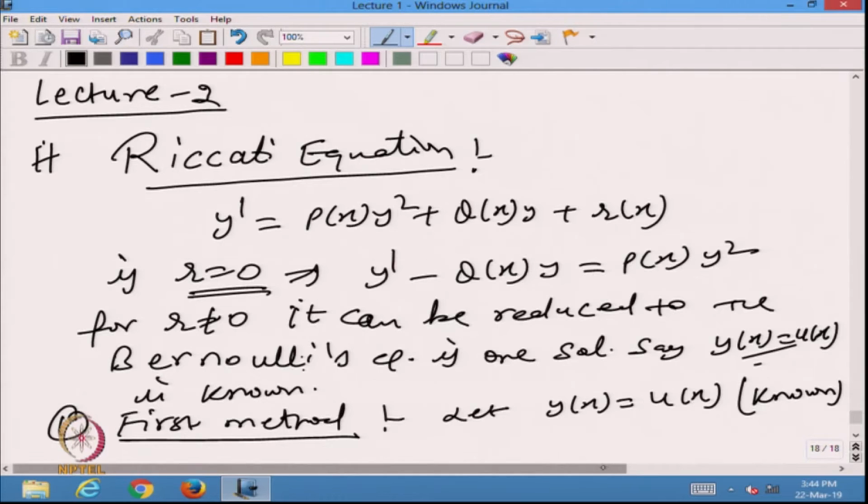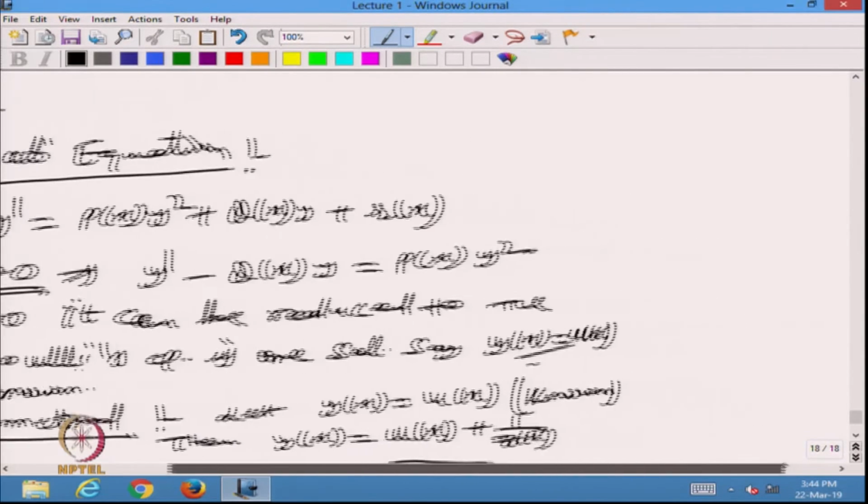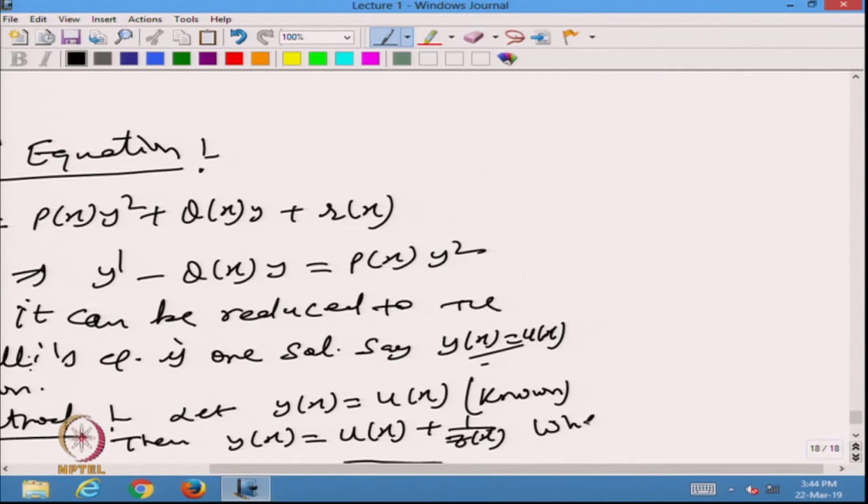Then I take the transformation y x is equal to u x plus 1 over z x, where z x is the solution of the reduced problem.